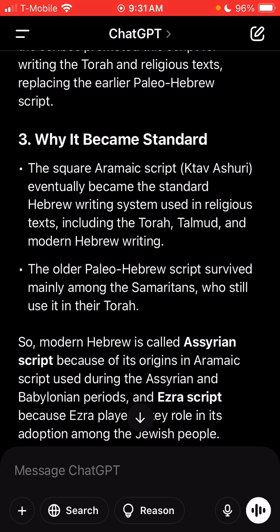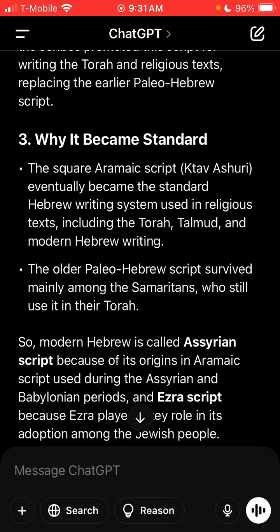So modern Hebrew is called Assyrian script because of its origins in the Aramaic script used during the Assyrian and Babylonian periods. Let me say that again, because you hear Assyrian script, and the first thing that might come to mind is that this is the script of the Assyrians, which is true, because it was used during the Assyrian and Babylonian empires.